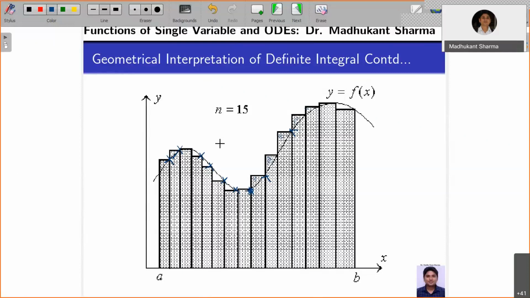So what Darboux has done is, he has taken two types of tag points. One tag point is, in each interval he is trying to get the maximum, and another type is he is taking the minimum.